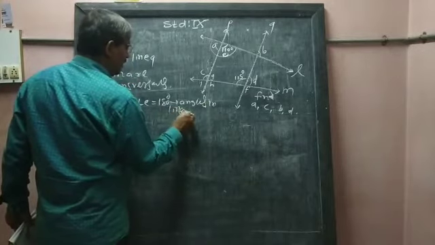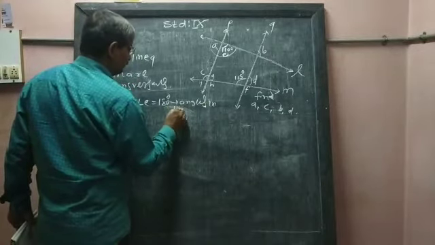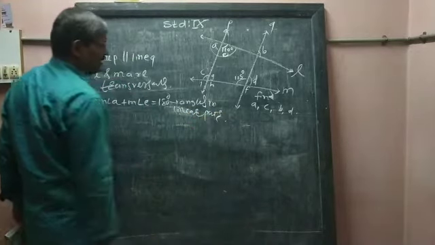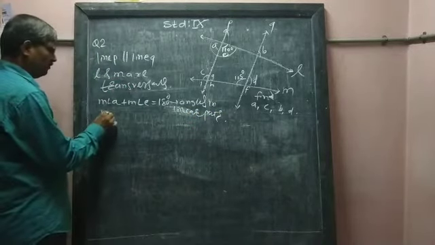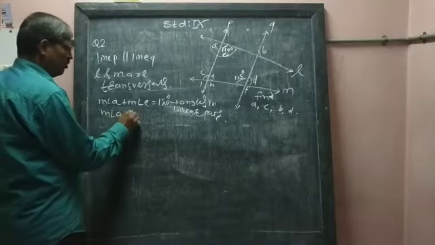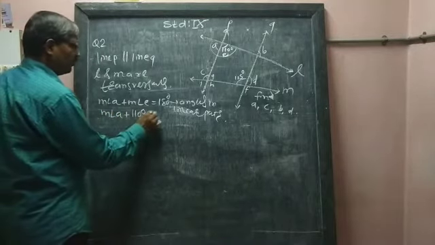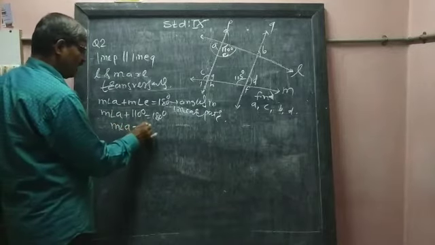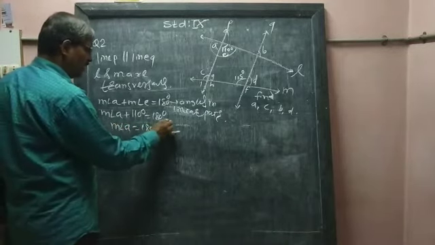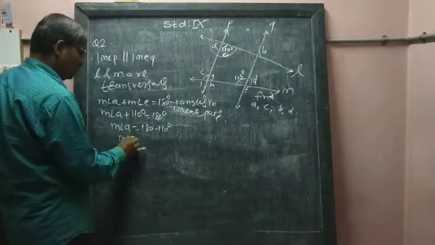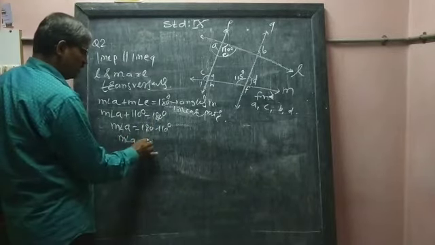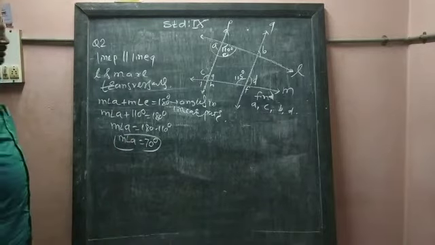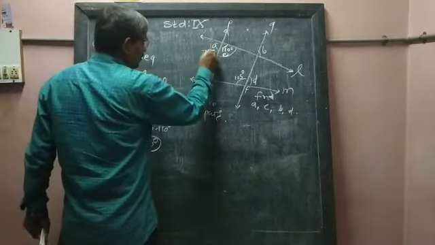So A we don't know, but E is 110, so A plus 110 is equal to 180. Measure of angle A is equal to 180 minus 110. Therefore, measure of angle A is equal to 70 degrees. We got A as 70.